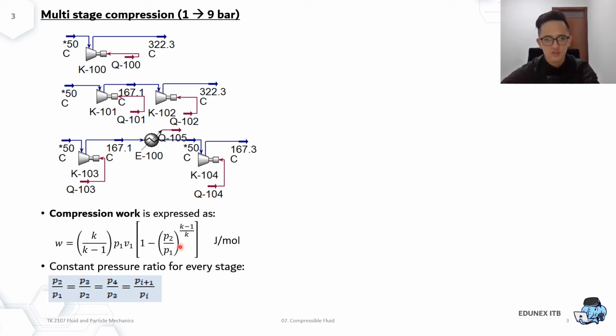A smaller compression ratio will lead to a smaller compression work as well, and that's of course advantageous. So you can prove that the third option should have the minimum total work of the compressor. Why? Because it takes the advantage of having a small inlet temperature because of the intercooler, and also has a small pressure ratio.